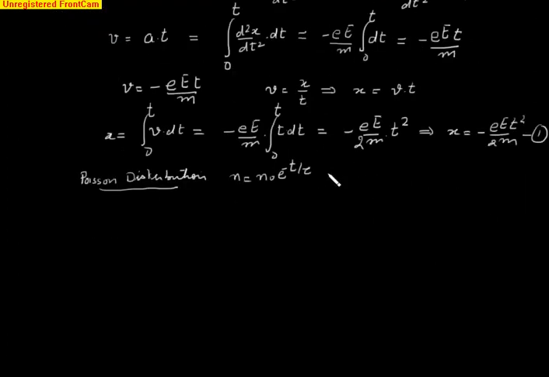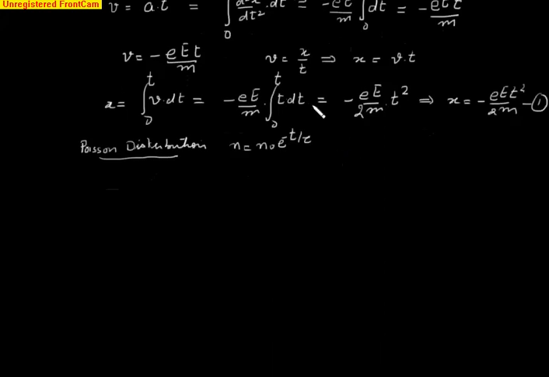And we know from this relation that if t was 0 in the starting, then e to the 0 is 1. So all the particles in the group were moving under the thermal effect.